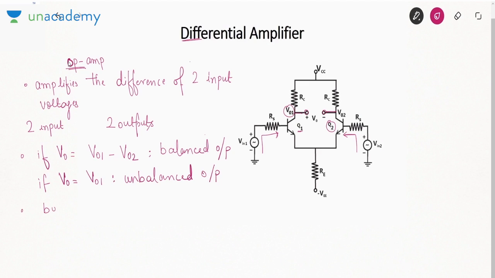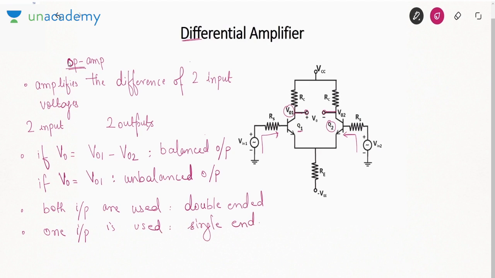Similarly, if both inputs are used, it is called double-ended. If one input is used, it is called single-ended. So there are basically four possible combinations.